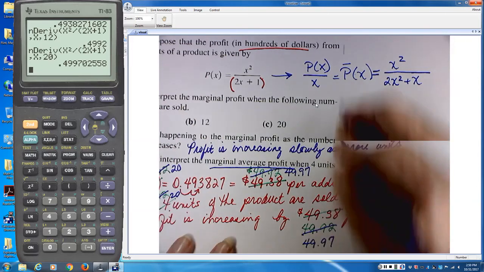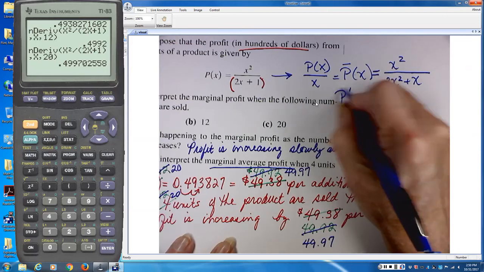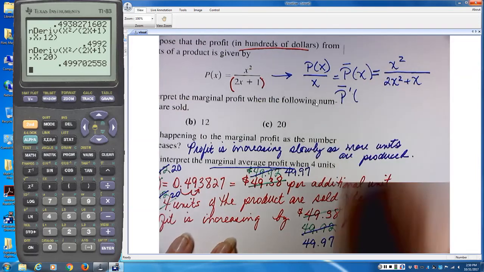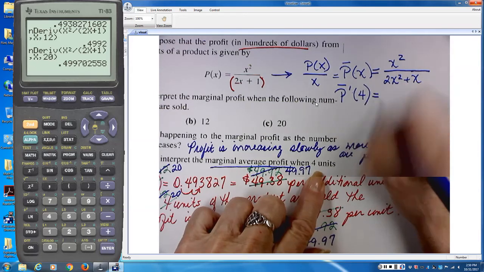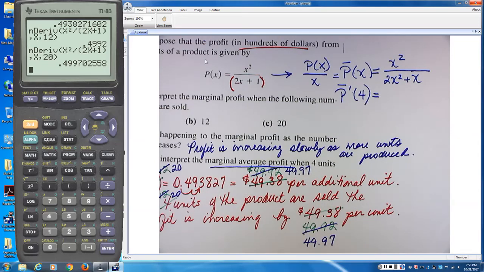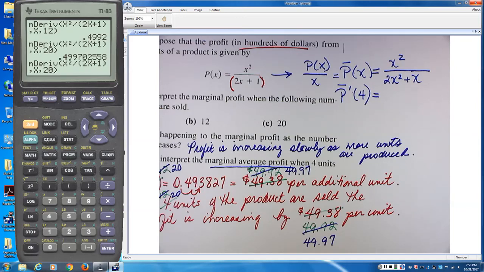And that means that we need the derivative, P average prime, and it specifies at 4 units. So we can go over here. Actually, let me just clear it.